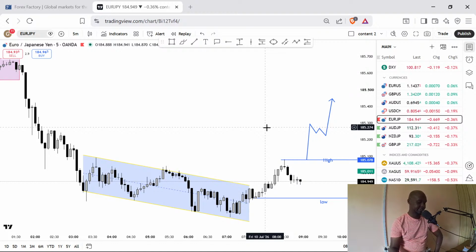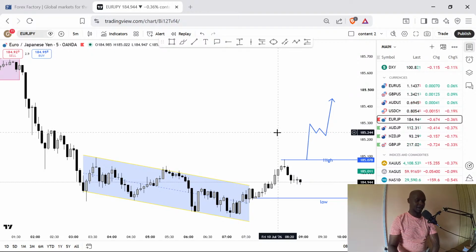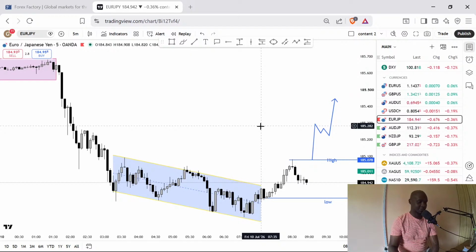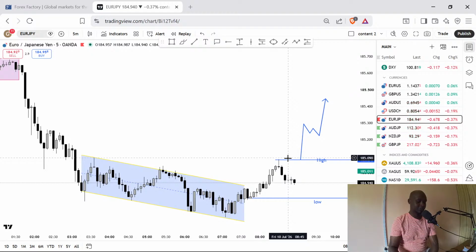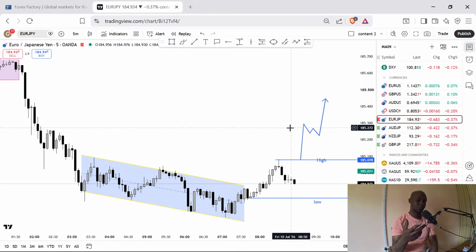I normally say that if I wasn't doing the live stream, then I would not be sitting and staring at the chart, because I already know my forecast for the setups that I'm looking for. And sometimes the setups take some time to play out, like in this instance, because we still have to get the break of this high, and then we have to break it with at least two strong candles, and then we have to wait for the pullback.